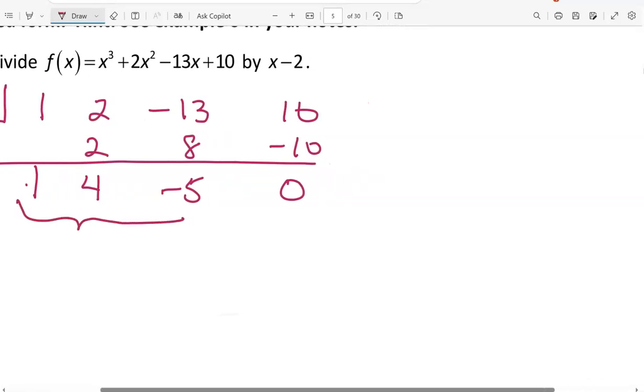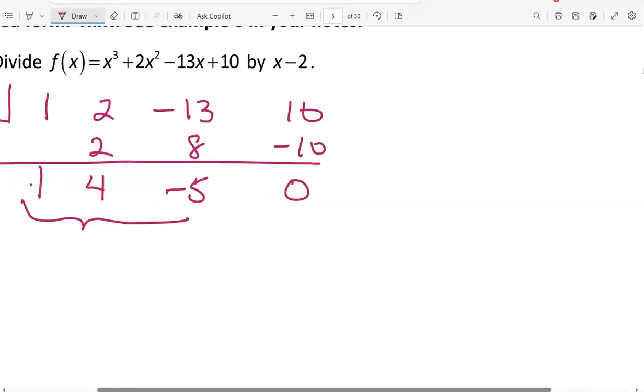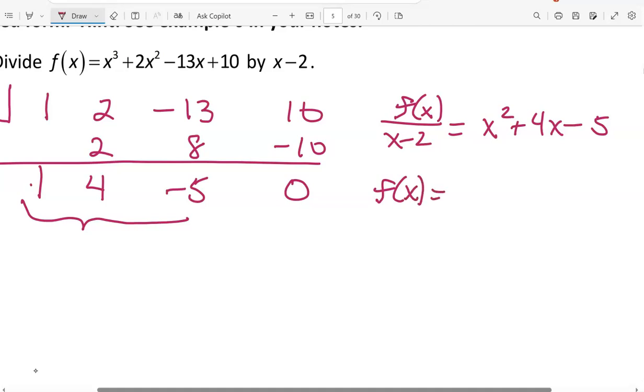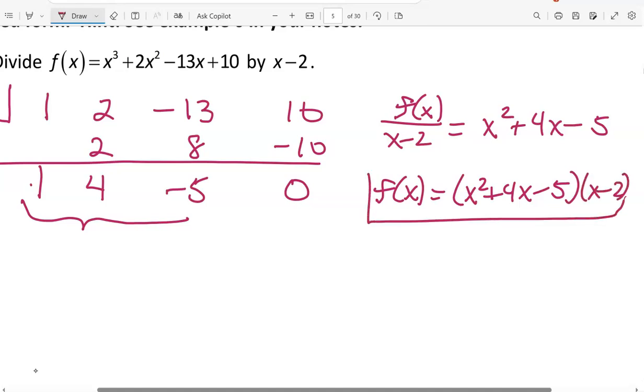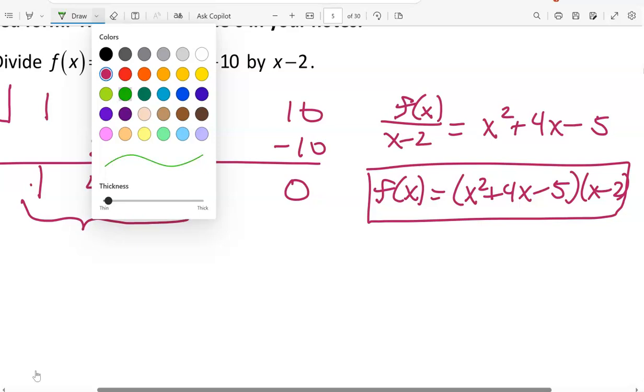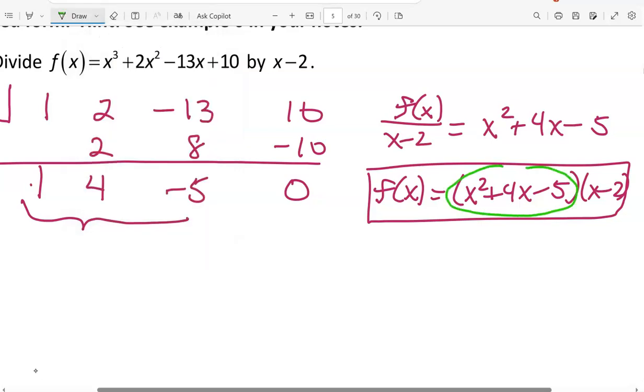So the result for our division is coefficients of 1, 4, and 5. So when we divided f of x by x minus 2, the result is x squared plus 4x minus 5. Multiplying both sides by x minus 2, f of x is x squared plus 4x minus 5 times x minus 2. That's partially factored form because this factor could be factored again.